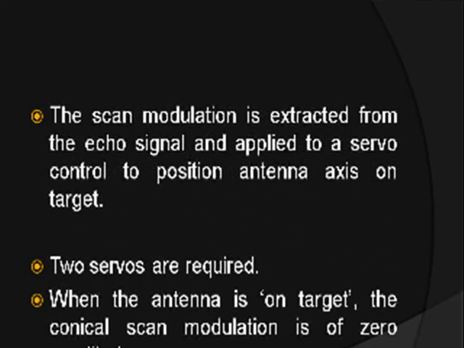This scan modulation is extracted from the echo signal and applied to a servo control to position the antenna axis on target. So we require two servos. When the antenna is on target, the conical scan modulation is of 0 amplitude.